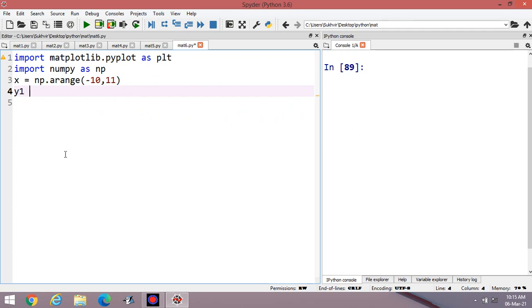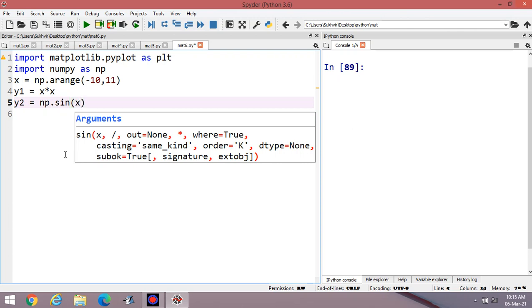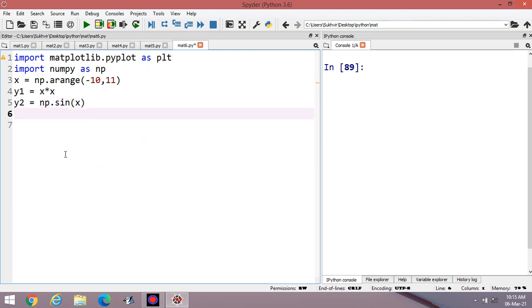Let y1 be equal to x square and y2 be equal to np.sin x. Suppose these are the two graphs.